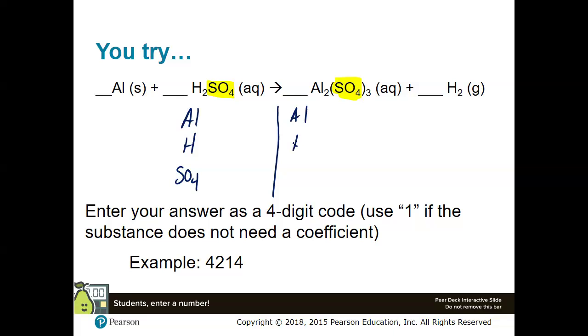It sounds like a minor difference. After all, what's one more thing? But it makes a world of difference when you look at something like aluminum sulfate here.